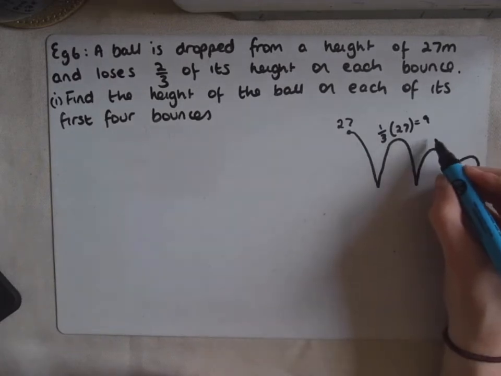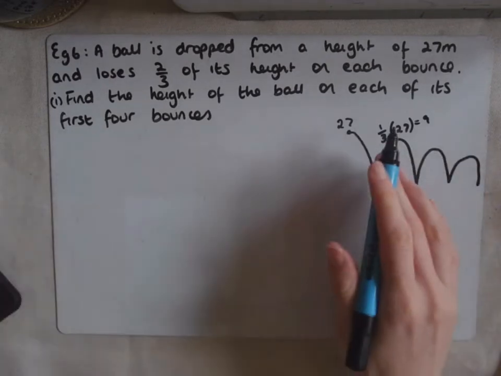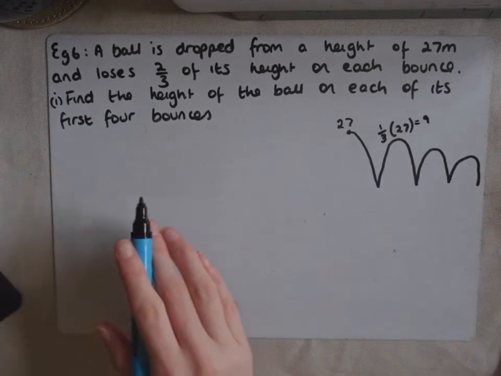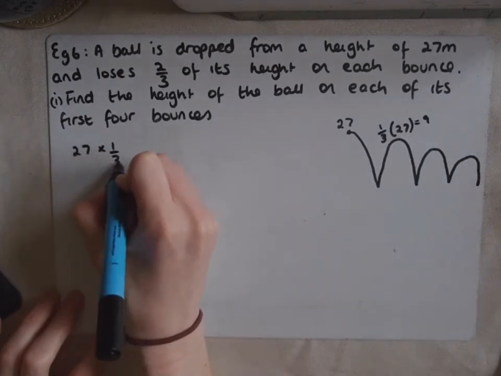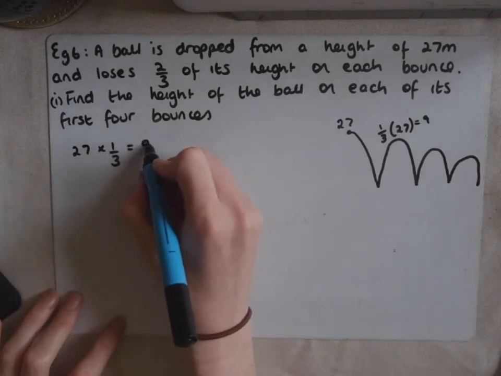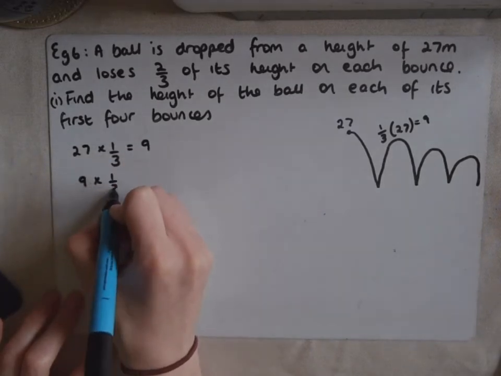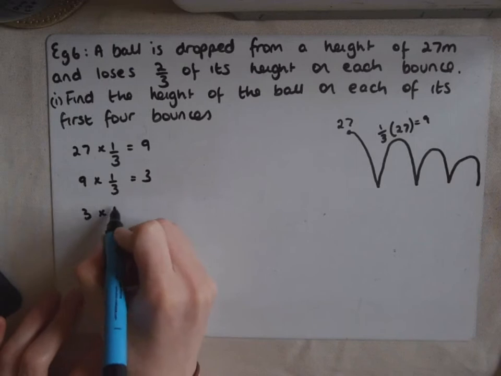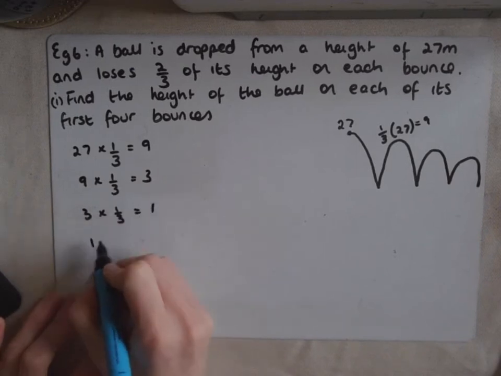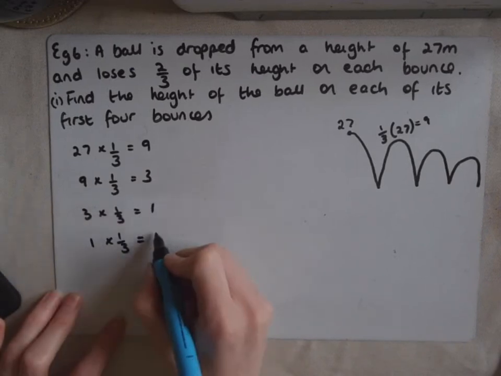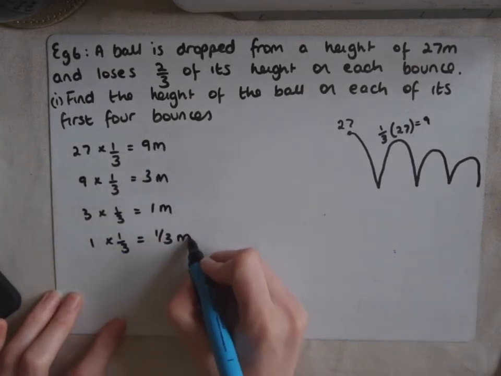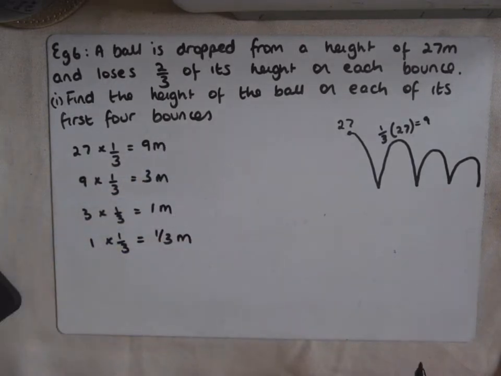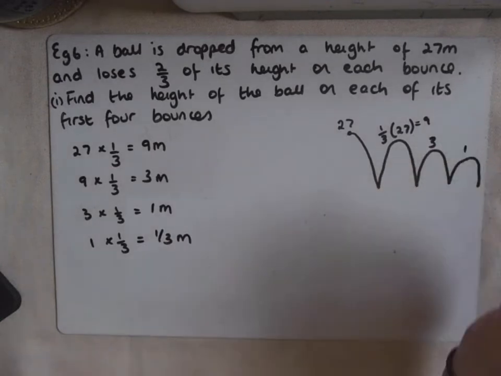Does that make sense? Find the height of the ball on each of its first 4 bounces. So that would be 27 by a third, 9 by a third, 3 by a third, and then 1 by a third. So that's its height on each of its first 4 bounces, and so on.